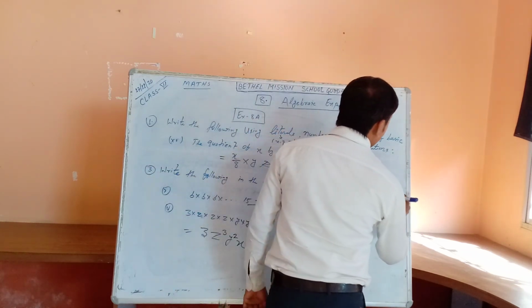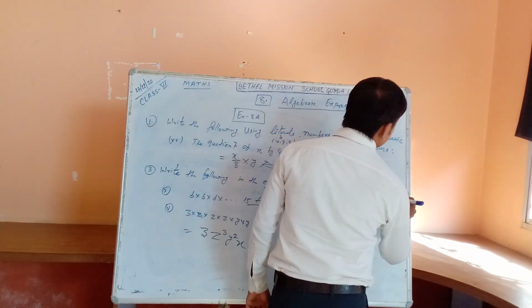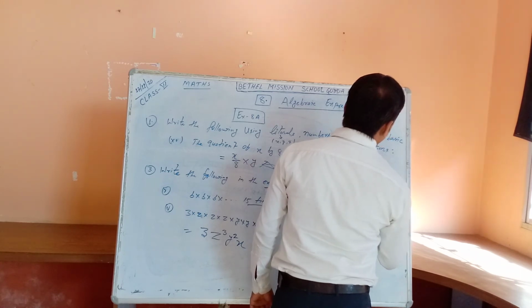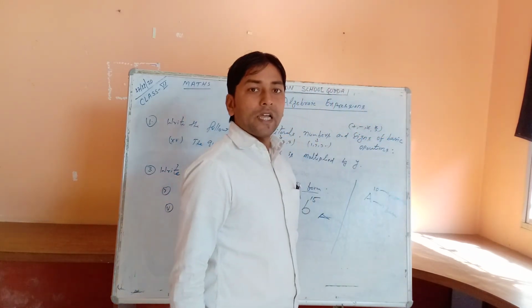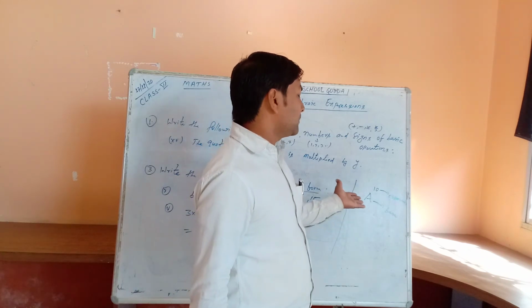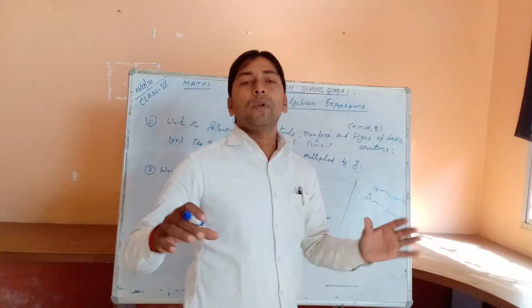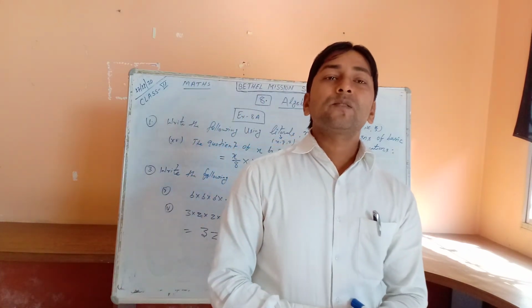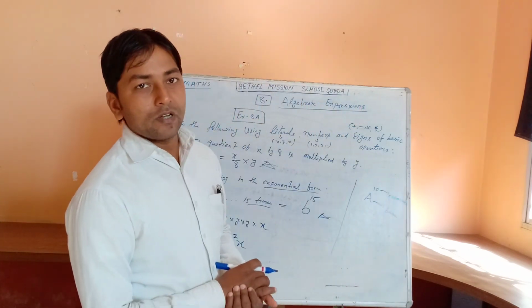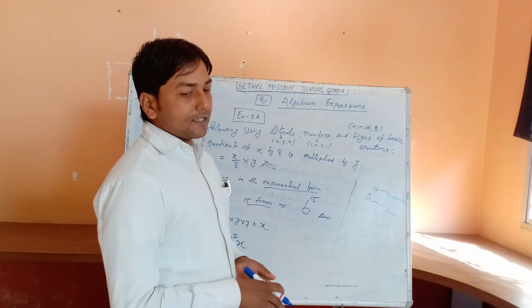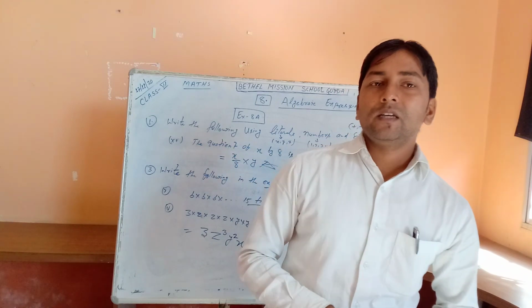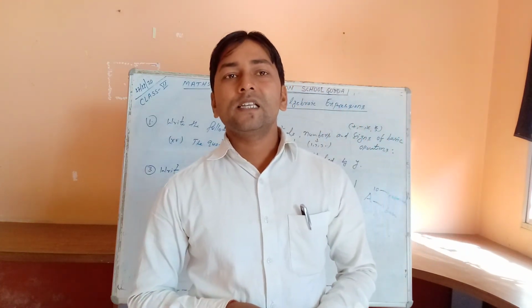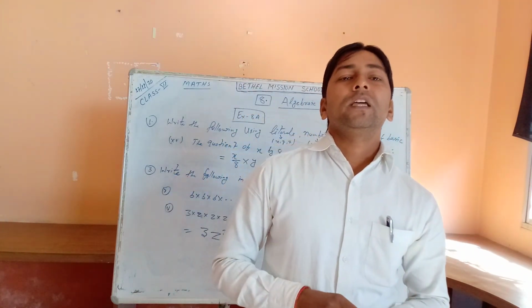What is an exponent? Whatever is written in the power form is called exponential form. In this exercise only an intro is given. In other exercises we will do something more.